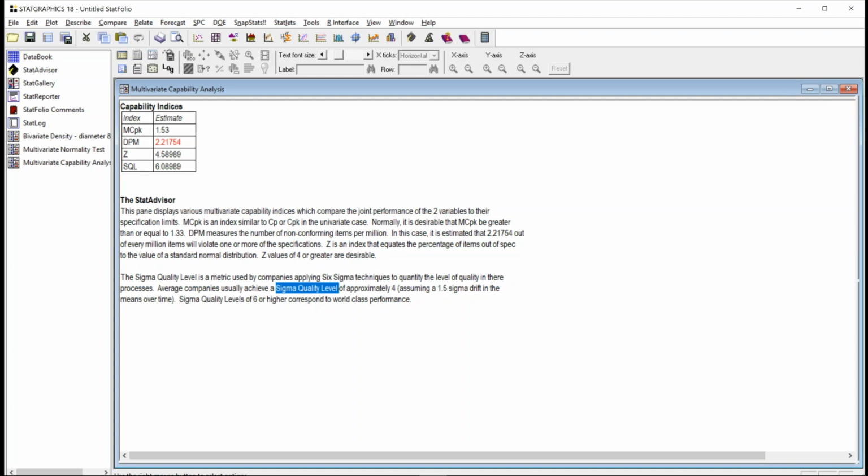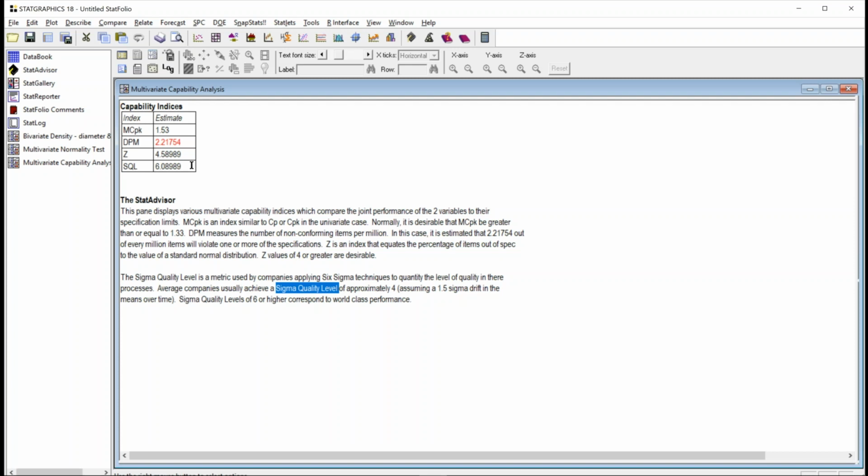It's one good thing about the Stat Advisor. It knows what SQL stands for. The sigma quality level is Z-min plus 1.5. It is in excess of 6. So according to the Six Sigma folks, we are operating at world-class quality. Anything above 6 is world-class quality.